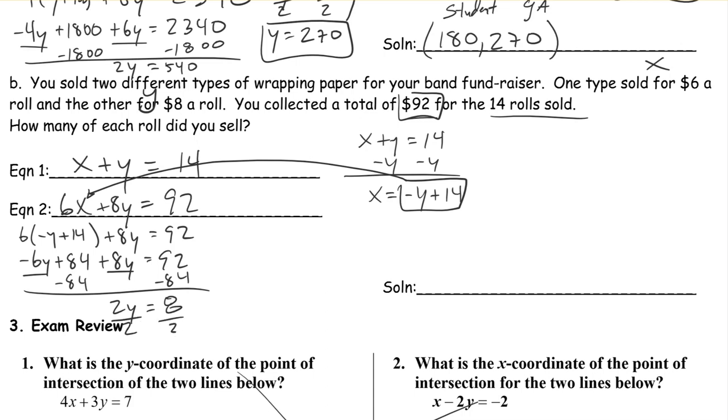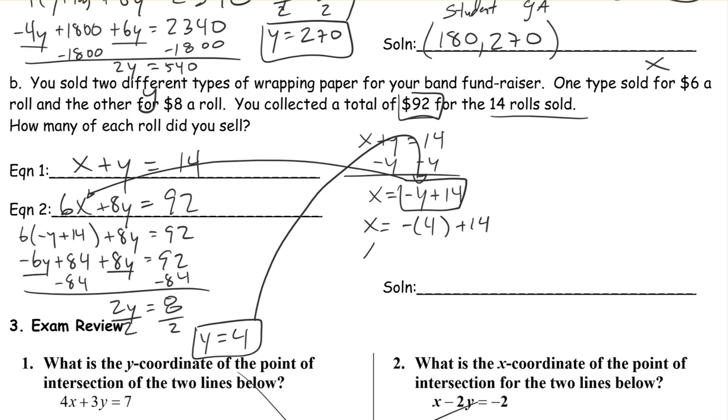So divide by 2, and y equals 4. So if y equals 4, we can substitute that in here. X equals negative y plus 14, sub in our 4, so x equals negative 4 plus 14, so x must be 10. So that's 10, 4. 10 of the type that sold for $6 and 4 of the type that sold for $8.